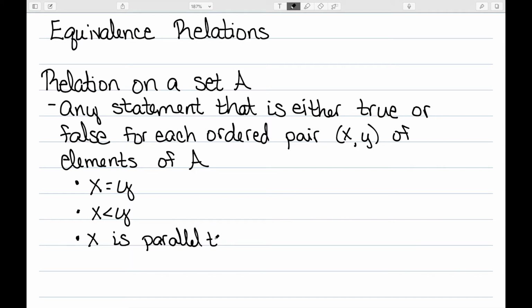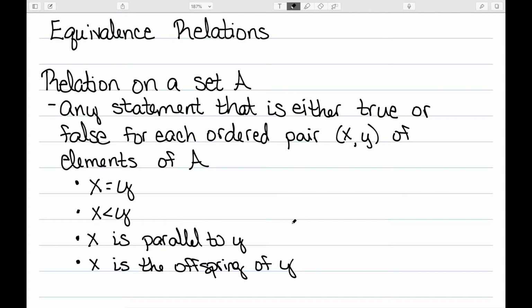If you give me any two lines, this is either going to be true or false. If our set is some kind of animals or people, we could say x is the offspring of y. And we could continue this idea.